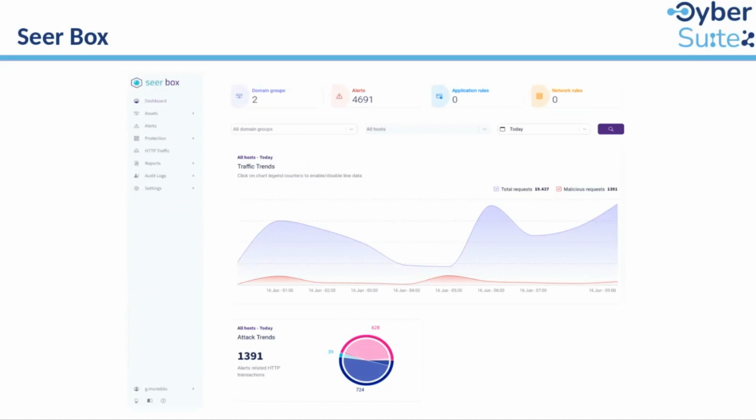So this is an example of the dashboard for SeerBox. As you can see, it provides an overview of the detection activities and allows users to inspect alerts or all detected and inspected traffic, generate reports, create protection rules, inspect audit logs, and so on.